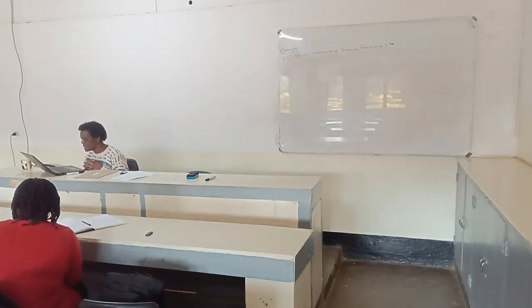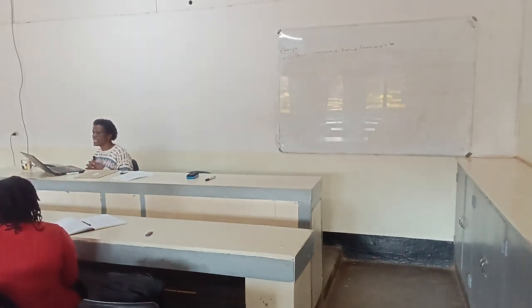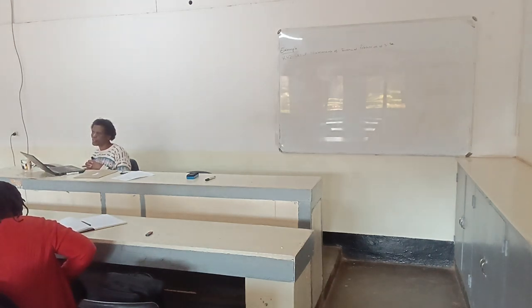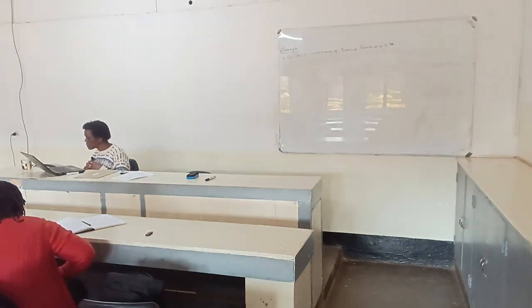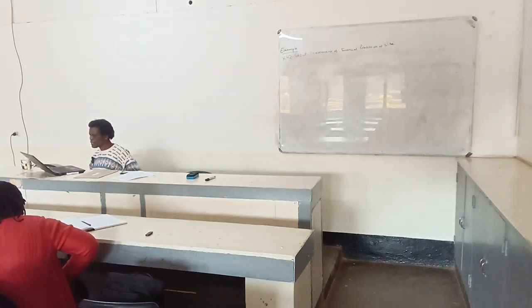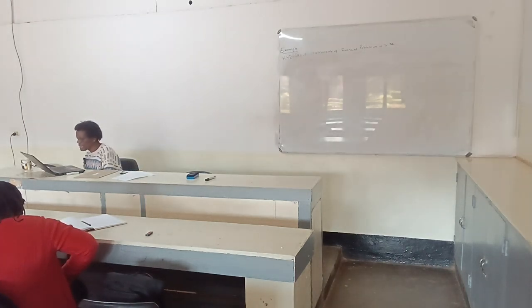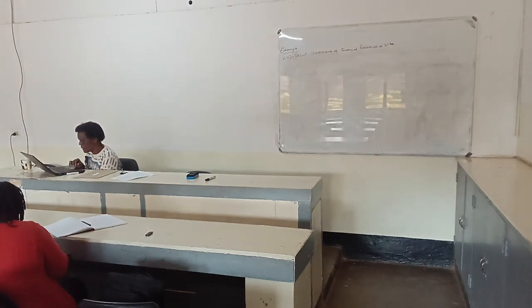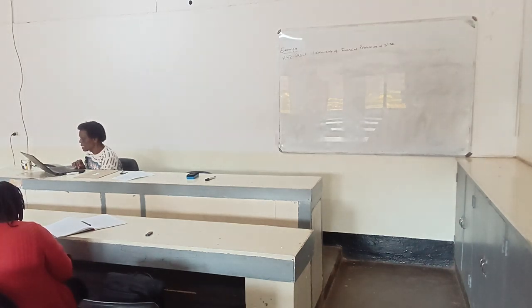Current assets are anything easily transferred or, when sold, easily turned into cash. So we're talking about inventories, trade receivables, other current assets, also cash and cash equivalents. So these are some of the assets that we were having.